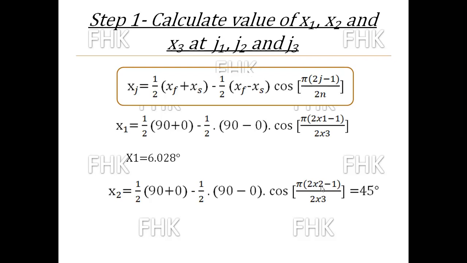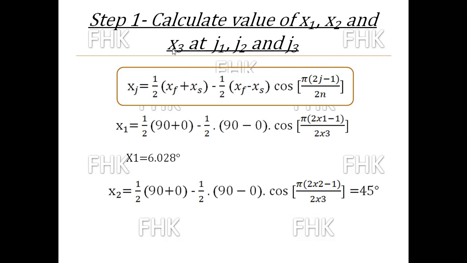So π(2×2−1), that is 4 minus 1, which is 3, divided by 6 into 180/π. So π will get cancelled, and 60 into 3 gives 45 degrees. After solving this equation, the value of x2 is equal to 45 degrees.